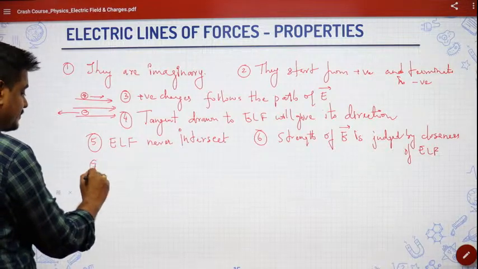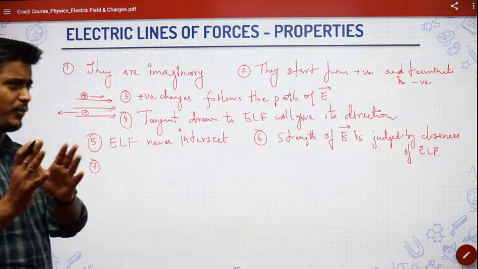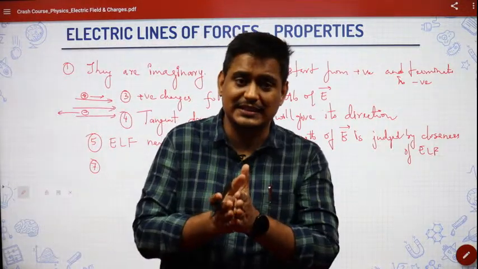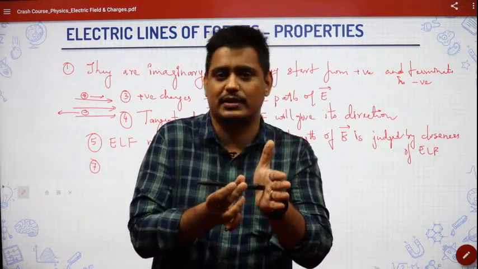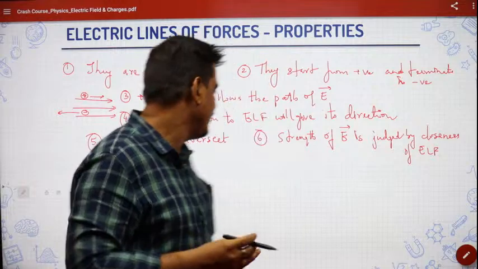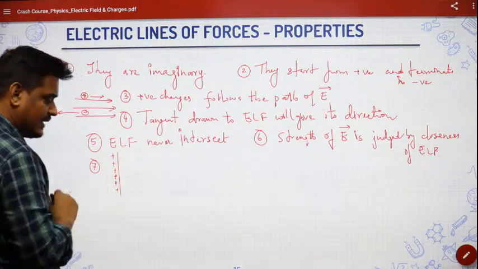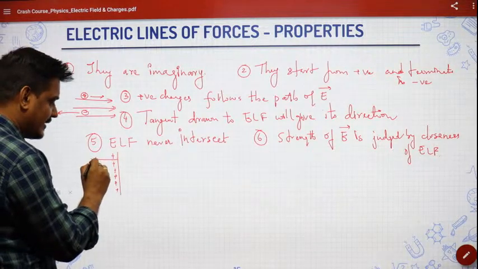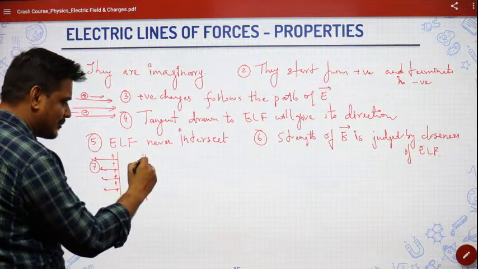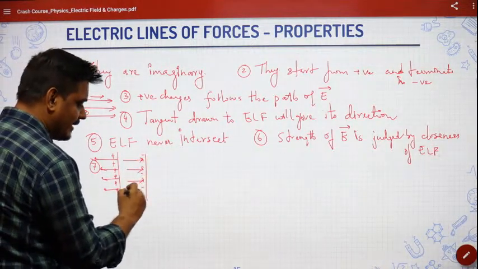Another point about the electric lines of forces, a very important point again, I have seen questions coming from this point alone, is that electric lines of forces are always perpendicular to the positively charged plate or negatively charged plate. If I have a positively charged plate like this, then electric lines of forces will be in this direction, perpendicular outwards. If I have a negatively charged plate like this, then electric lines of forces will again be perpendicular, towards the plate.